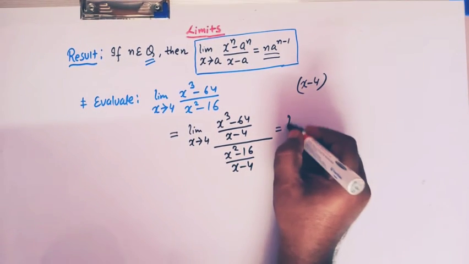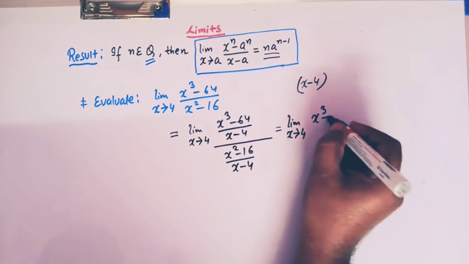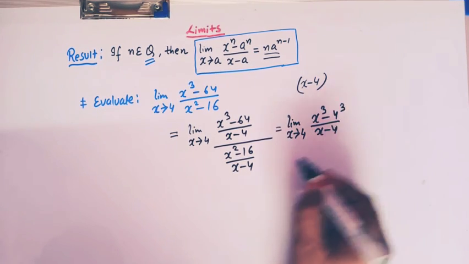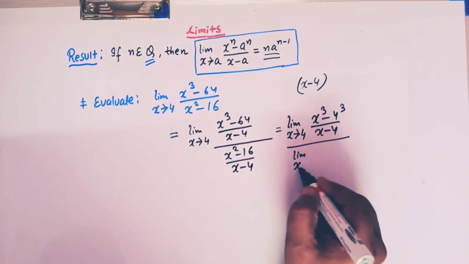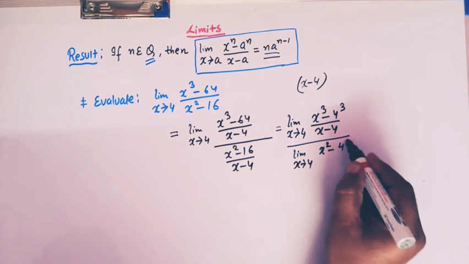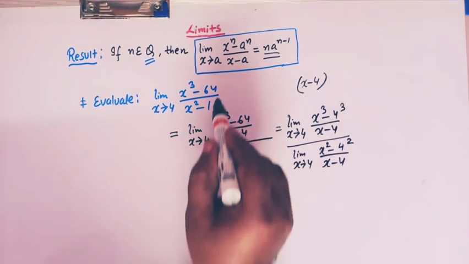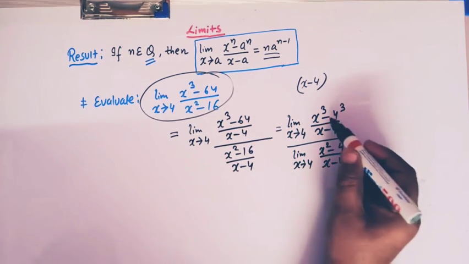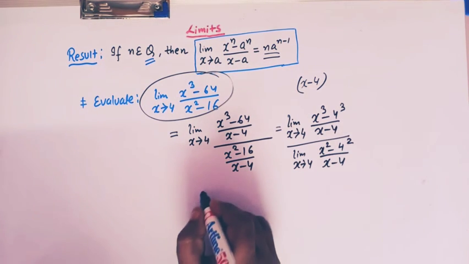So we can now write it as limit x tends to 4, x cube minus 64 can be written as 4 cube, divided by x minus 4, and then we have divided by limit x tends to 4, x square minus 16. 16 can be written as 4 square, and here we have x minus 4, right? So this original limit is now written as a quotient of two limits of this form, right?